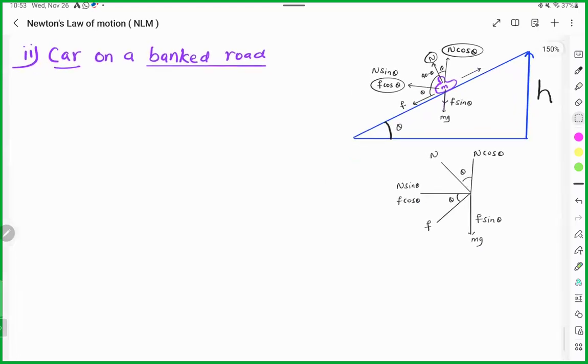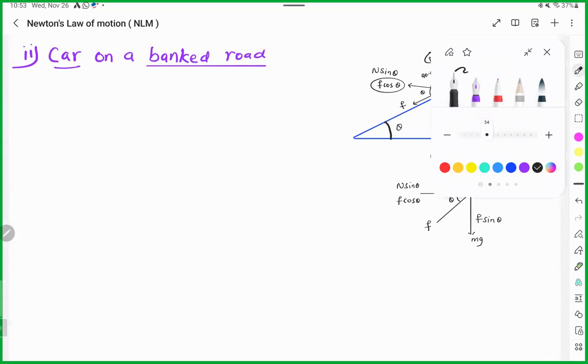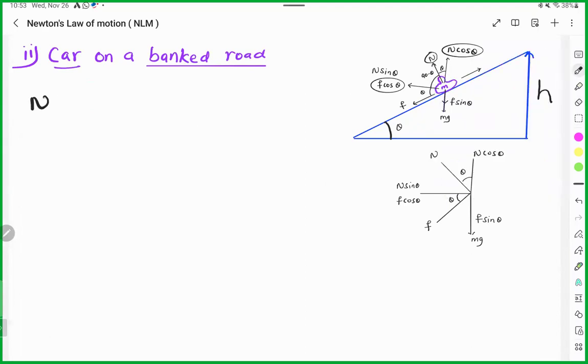So if you understand this well, can I say, guys, n cos theta, the upper component, will be equal to the lower component? Upper n cos theta will be equal to lower f sin theta plus mg, correct?